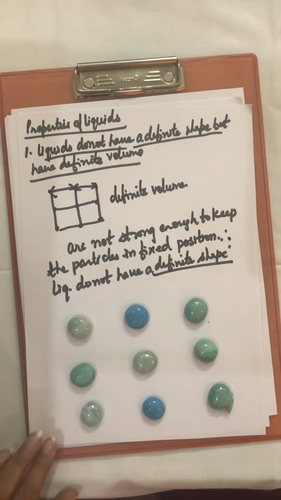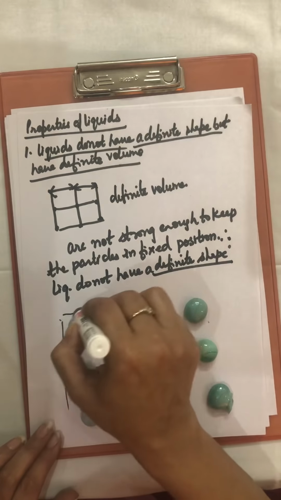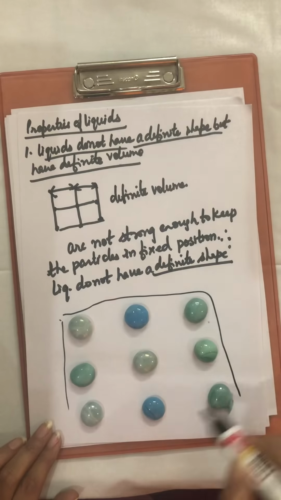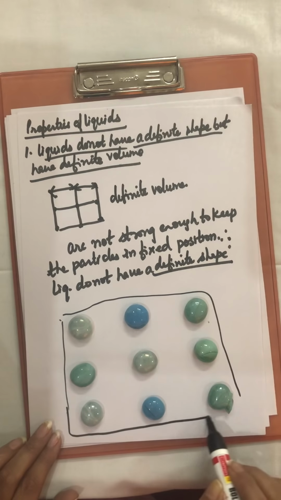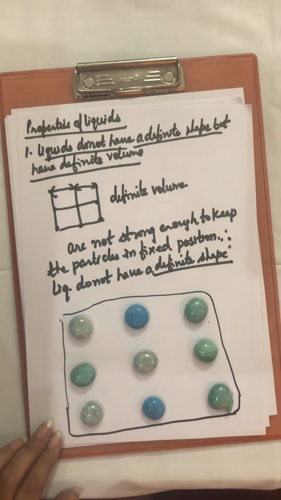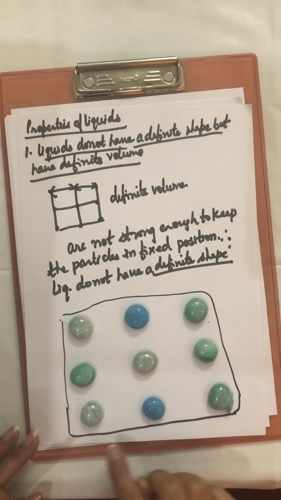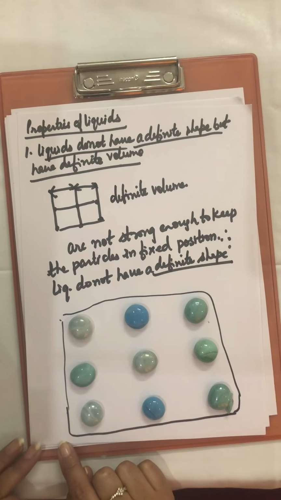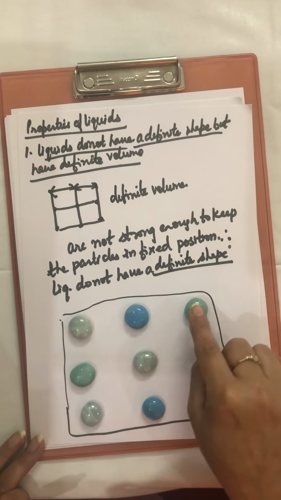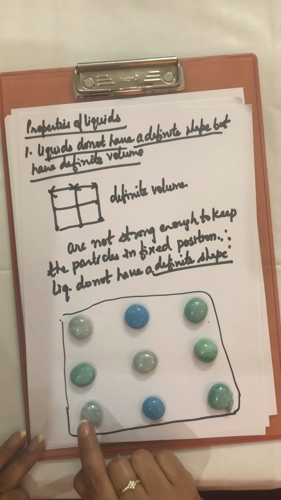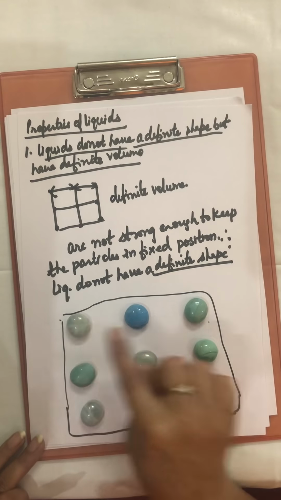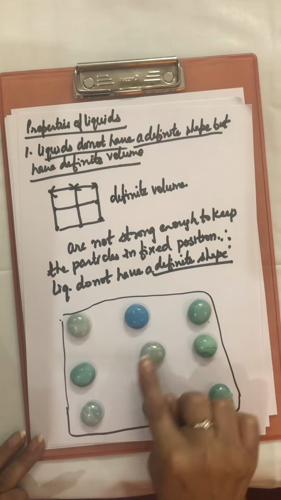So the space occupied by the liquid will be this much only. That means it will not change. So the volume or the space occupied by the liquid will be definite. But since the forces are not strong enough to keep them at their position, they can move here and there.